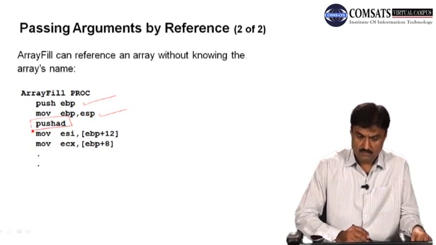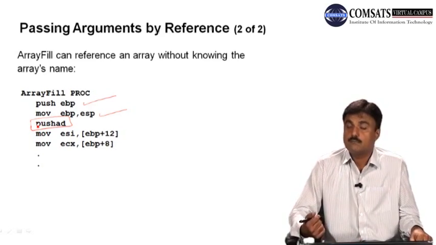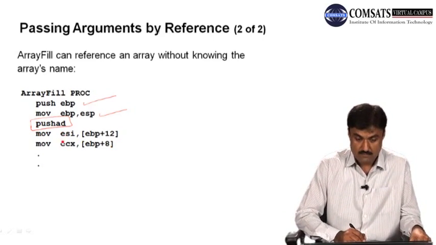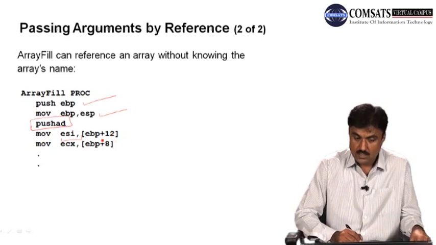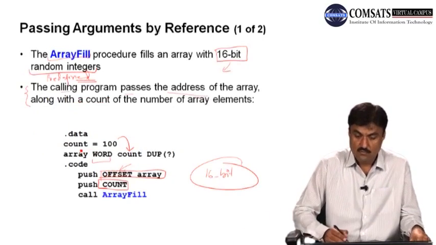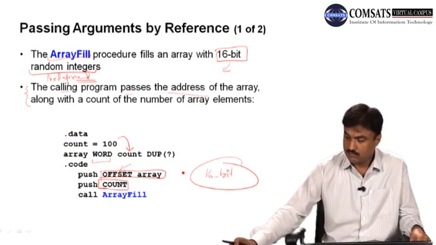We push all these registers. However, here you can see ESI has the EBP value. In the previous slide, first we push the offset and then we push the count.